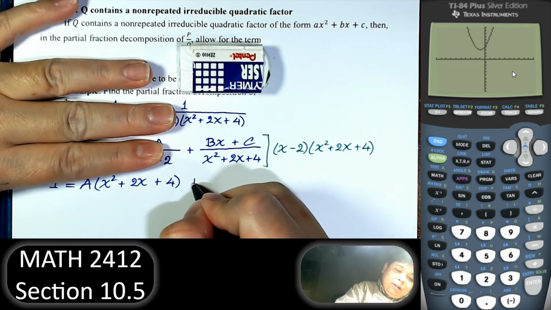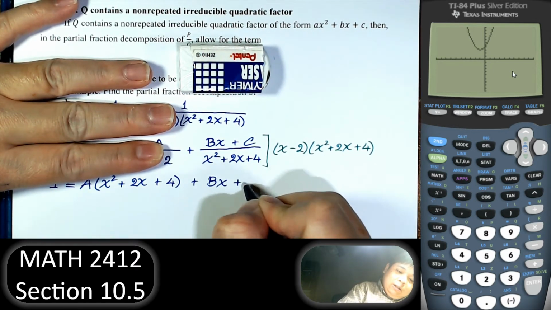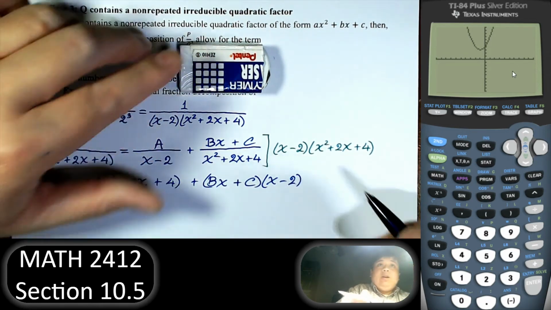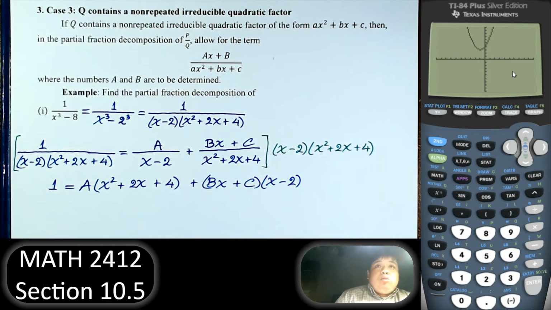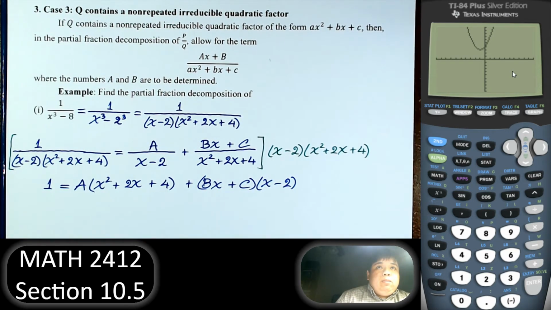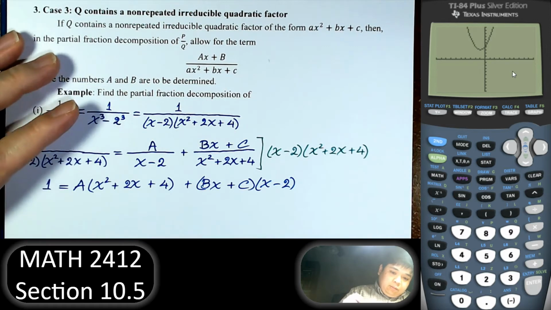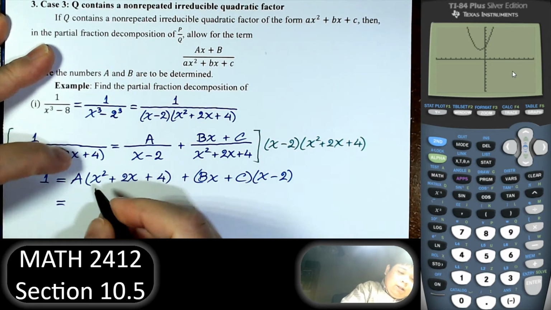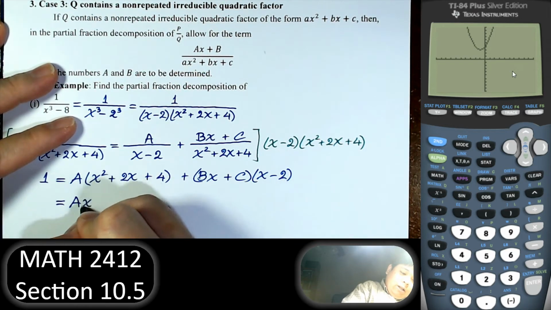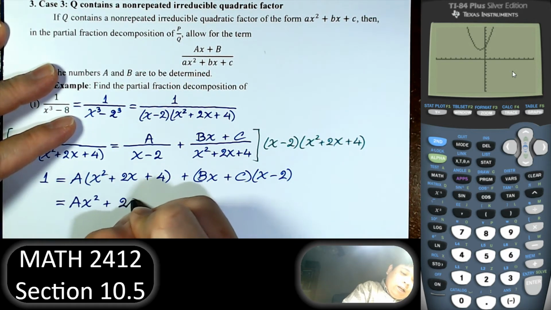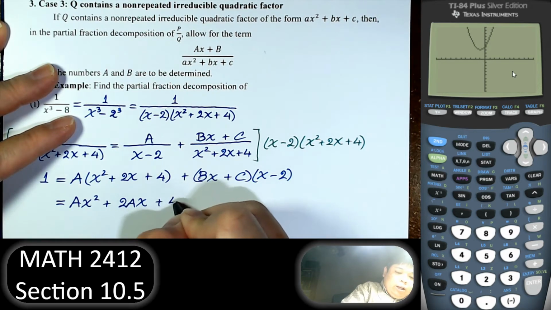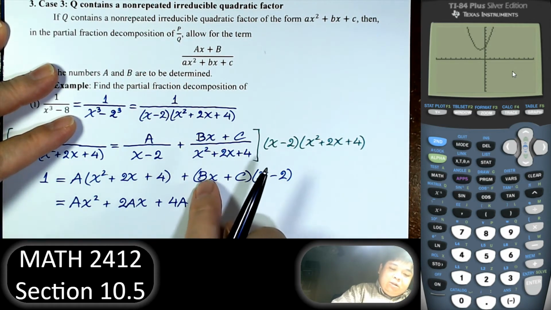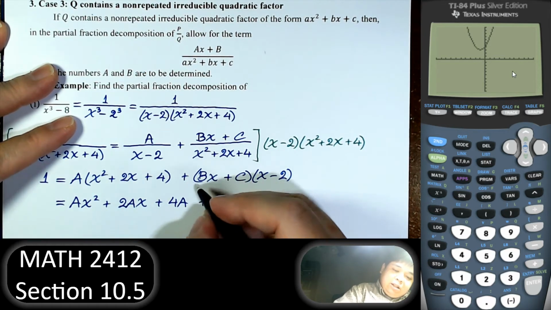We just have bx plus c times x minus 2. Right. I'll just multiply it out. Ax squared plus 2ax plus 4a. Right, multiply a to everything.